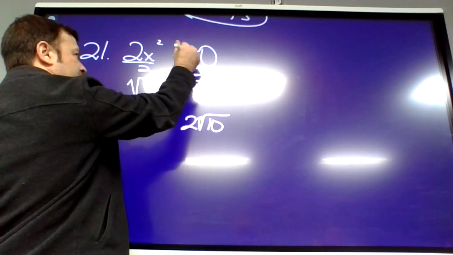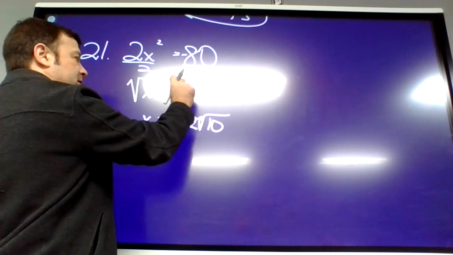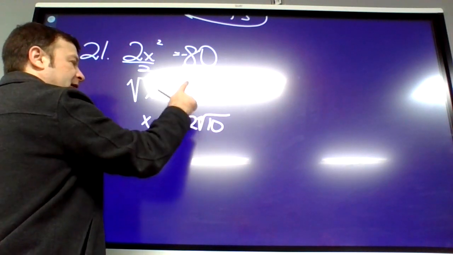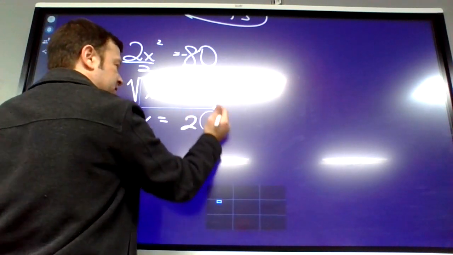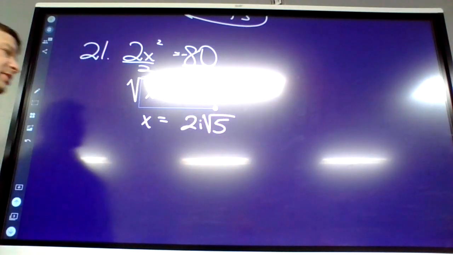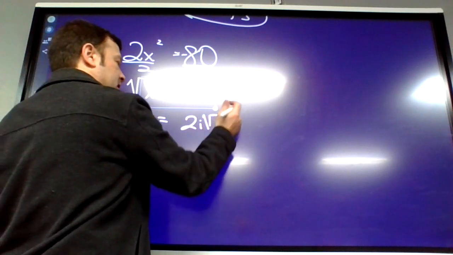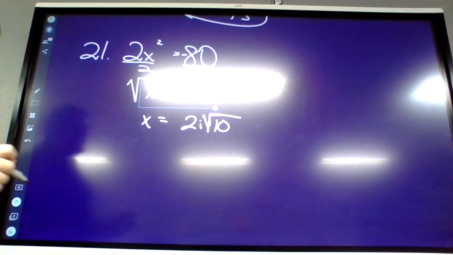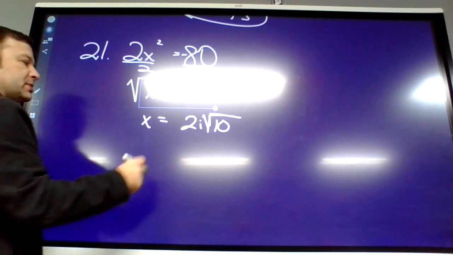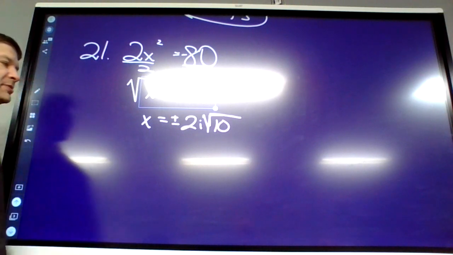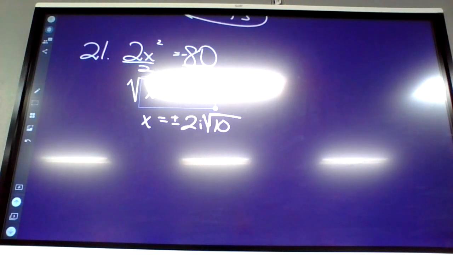So to get x squared by itself, we would have had to subtract 80. So that should actually be negative 40. Okay, if it's negative, that means i is going to be in our answer, but it's still 2 square root of 10. But anytime you use the square root trick, you guys remember that? There was a plus or minus in the answer.